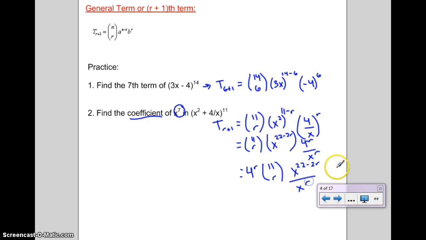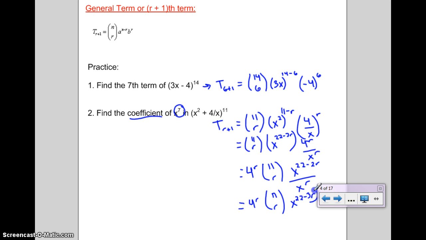This is really where my exponent of 7 is going to come from. Remember, when you're dividing bases, we subtract exponents. So really what we're looking at is 22 minus 2r minus r, which is going to be our exponent. So we're just simplifying but using a variable along the way. So this is going to become x to the 22nd minus 3r.